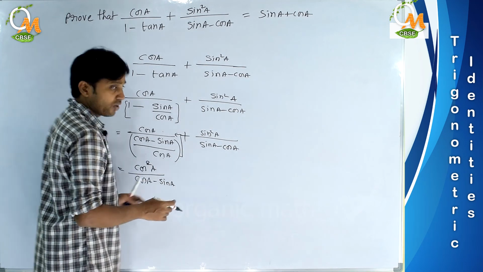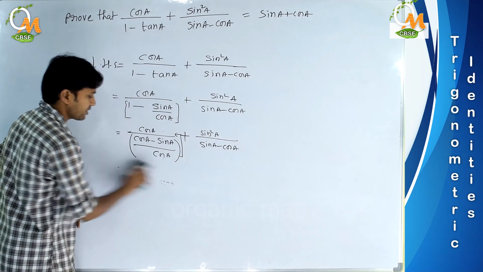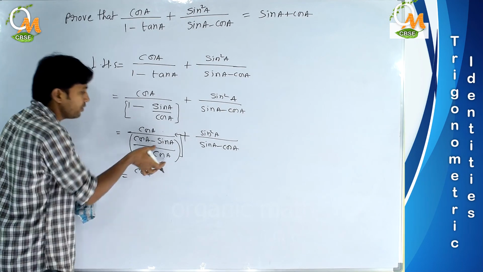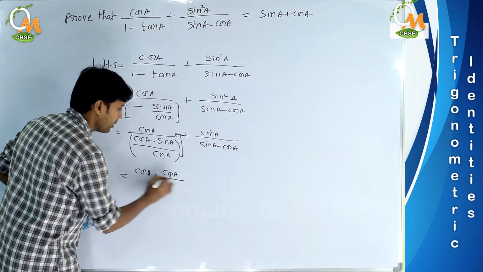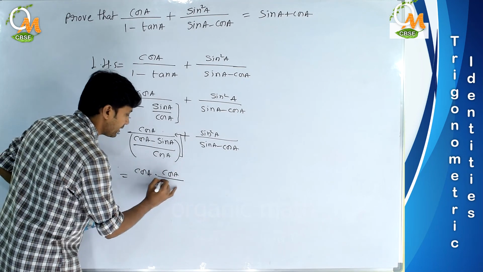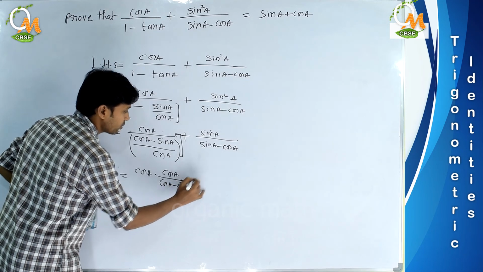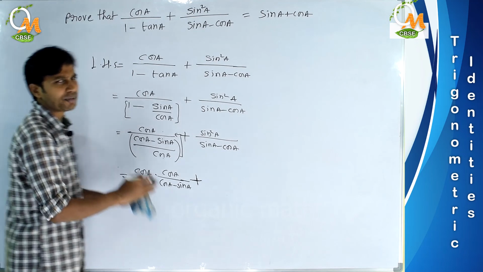Or else if you did not understand, let me write one more step, because some students may not understand this. So cos a is written, now this fraction will be inverted, that means cos a by this cos a minus sin a. I don't want to confuse any beginners, so that's why I wrote a separate step here.